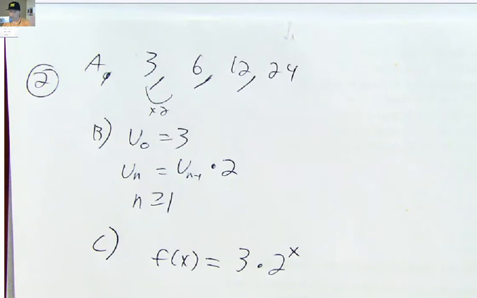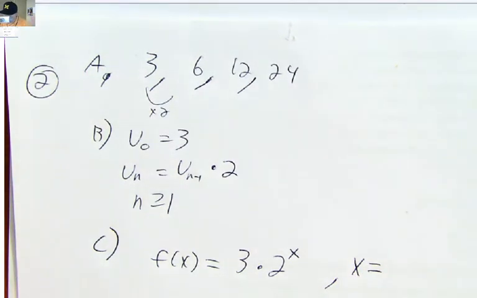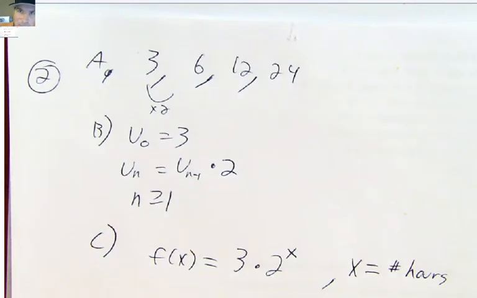But this is a story problem, so you totally have to identify your variable. X is, this is each hour. We're giving him more Skittles, so x is the number of hours. These are story problems. Always identify your variables in story problems, students. Thank you.